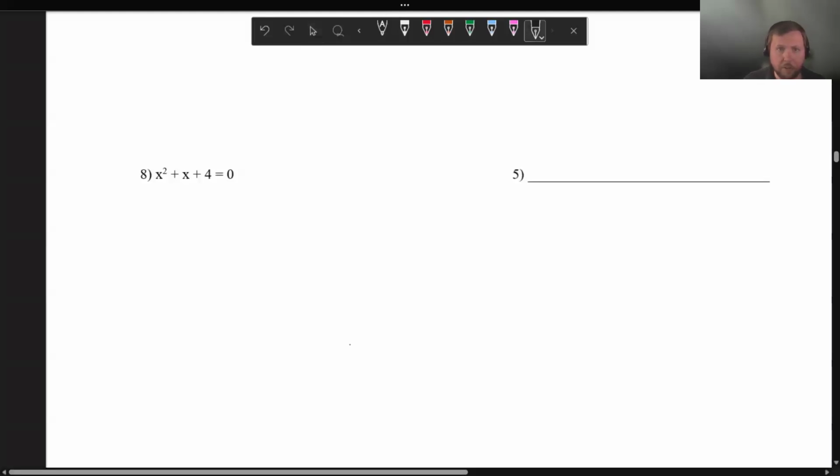Okay, here I have a cross term, so I'm going to have to use the quadratic formula, or I could be using completing the square. So negative b plus or minus the square root of b squared minus 4ac all over 2a.